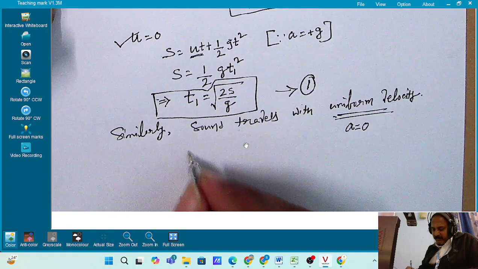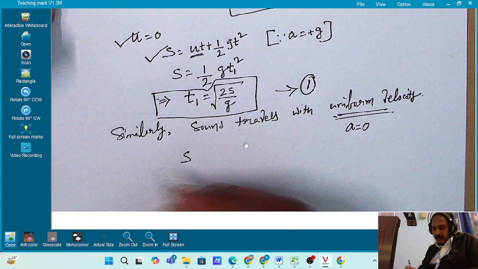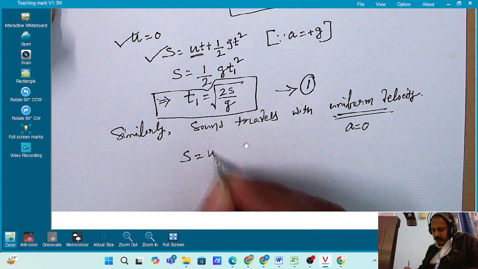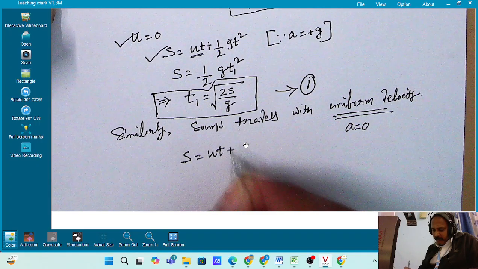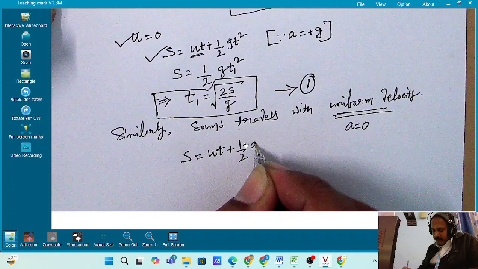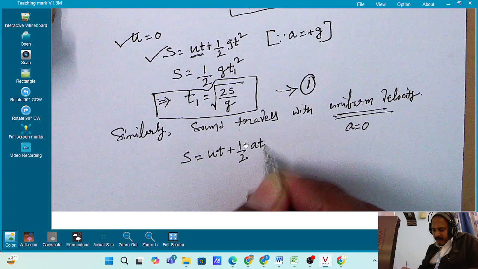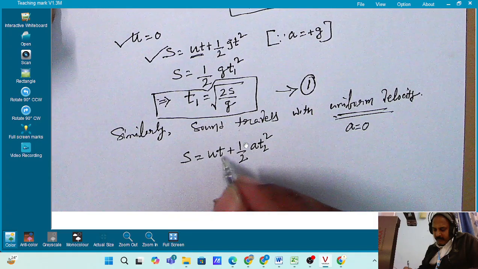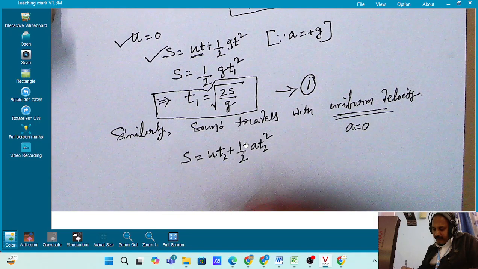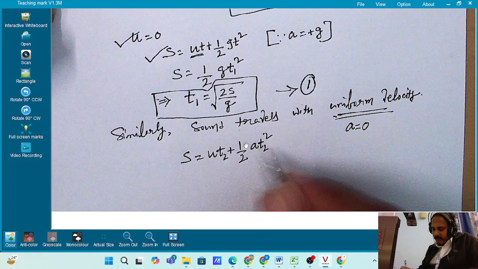So the same equation S is equal to ut plus half a t2 squared, or ut2 you can write, because this is for the sound.